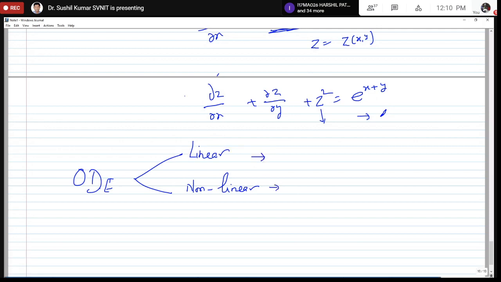So for non-linear, you can say an equation which is not linear is called non-linear. If you have to simply write the definition of non-linear, then you can say an equation which is not linear in the dependent variable and its derivative is called a non-linear differential equation. If I am saying differential equation, it is true for PD and OD both.